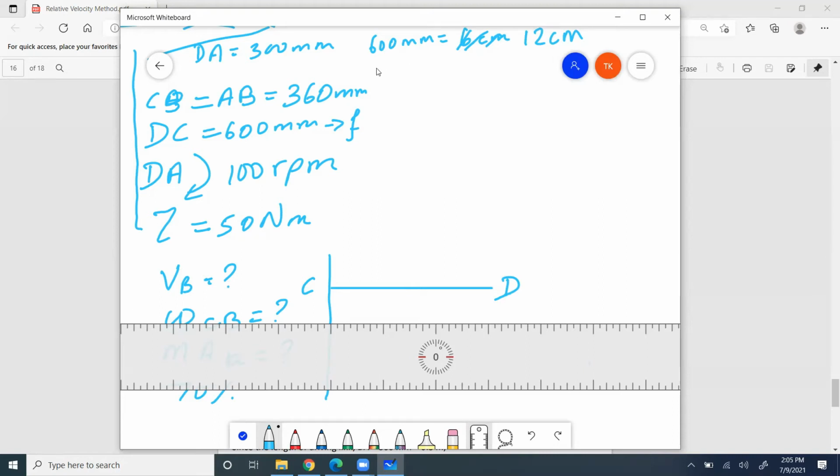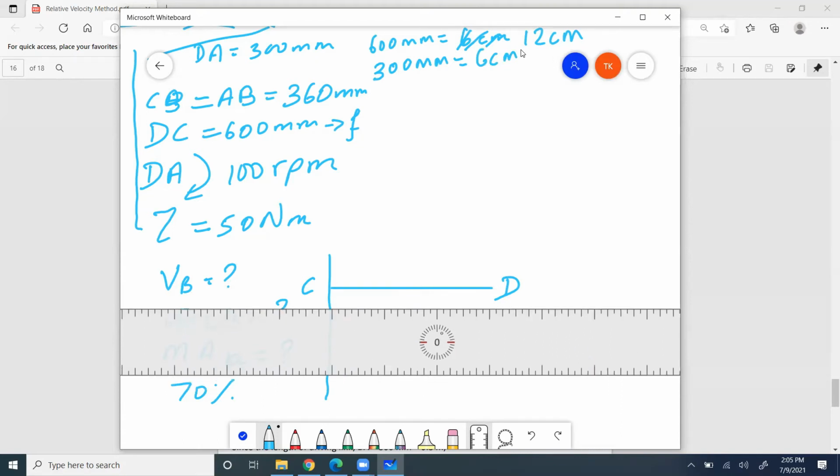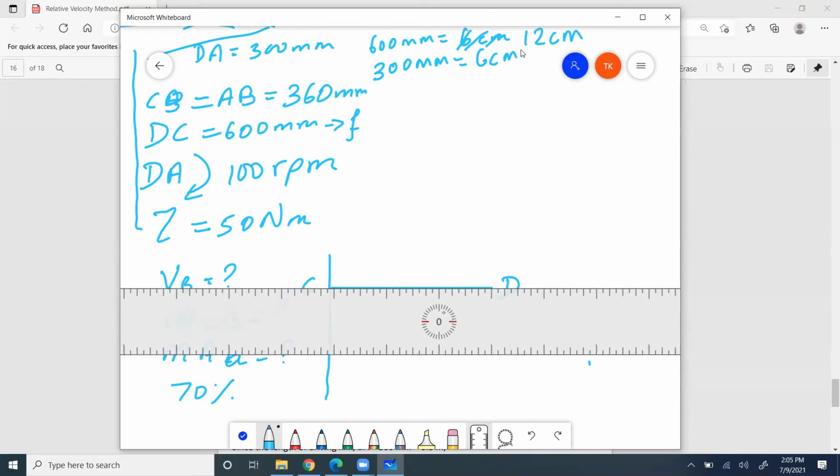So if 600 millimeter is 12 centimeter, 300 millimeter is equal to 6 centimeter. So on 6 centimeter, I will draw an arc.